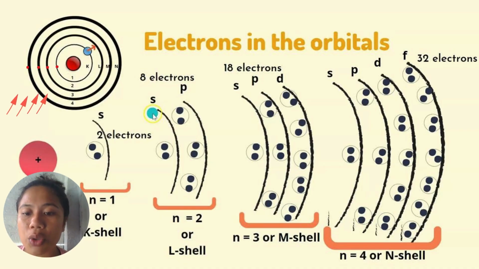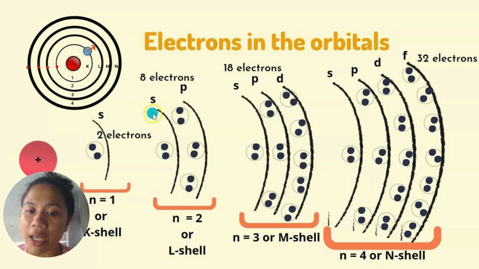There are two arcs, or lines, or circles. So that means the L shell carries two orbitals, or two subshells. Since it carries two subshells, it has the subshell S and the subshell P. And always remember, subshell S always carries a maximum of two electrons.